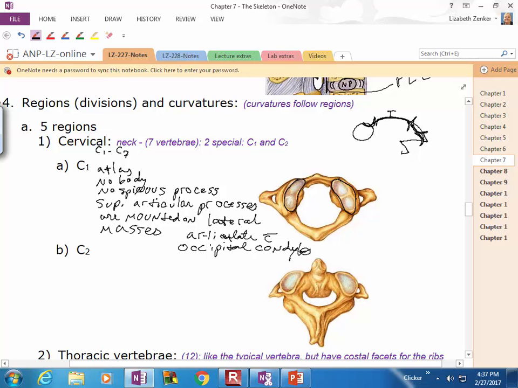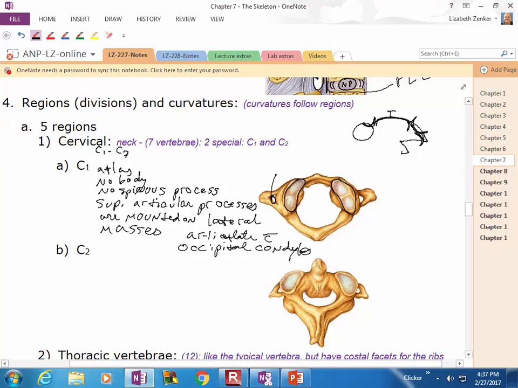Okay, and they have other features that you guys have been learning in lab. You have an anterior protuberance, a posterior protuberance. It still has a transverse process, but it has a small hole here, and that's actually a hole for the vertebral artery to go through.